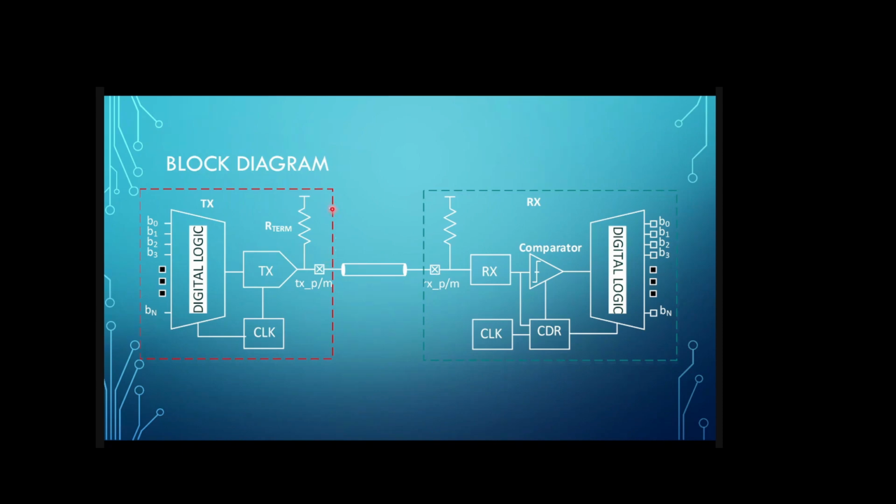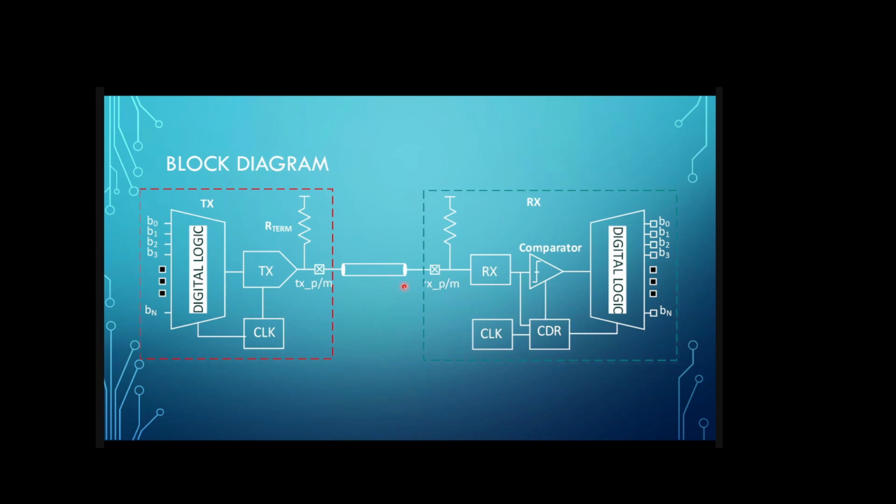So there is a transmitter signal. Maybe there's a CPU that is going to send the data to another CPU on the other side, or a GPU, or on the other side of the motherboard. Okay, and here is our channel. We can call it a channel, a medium, or a cable.